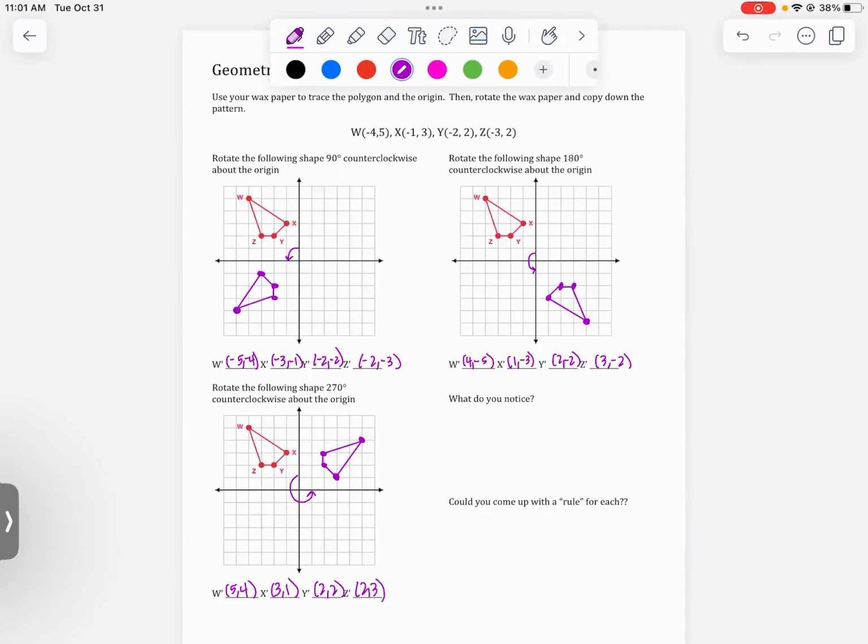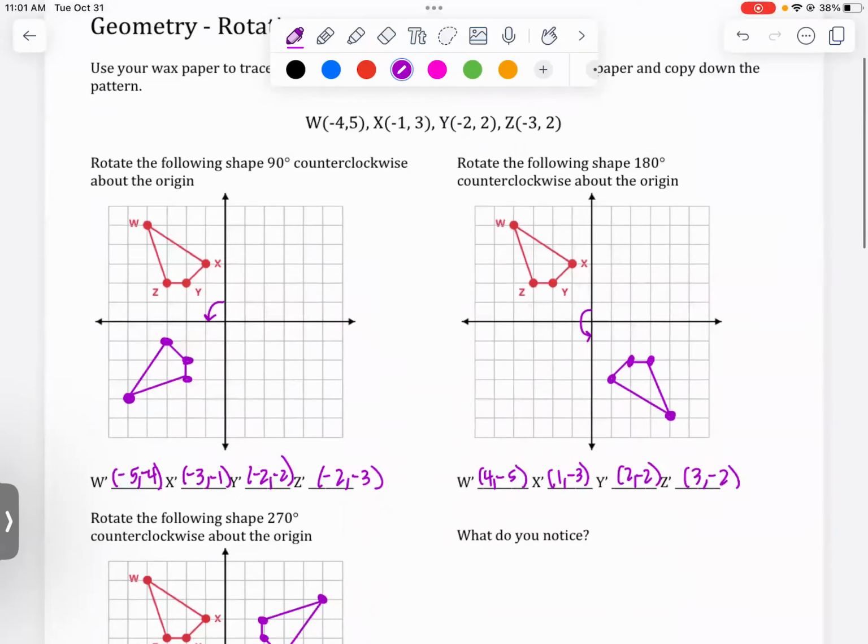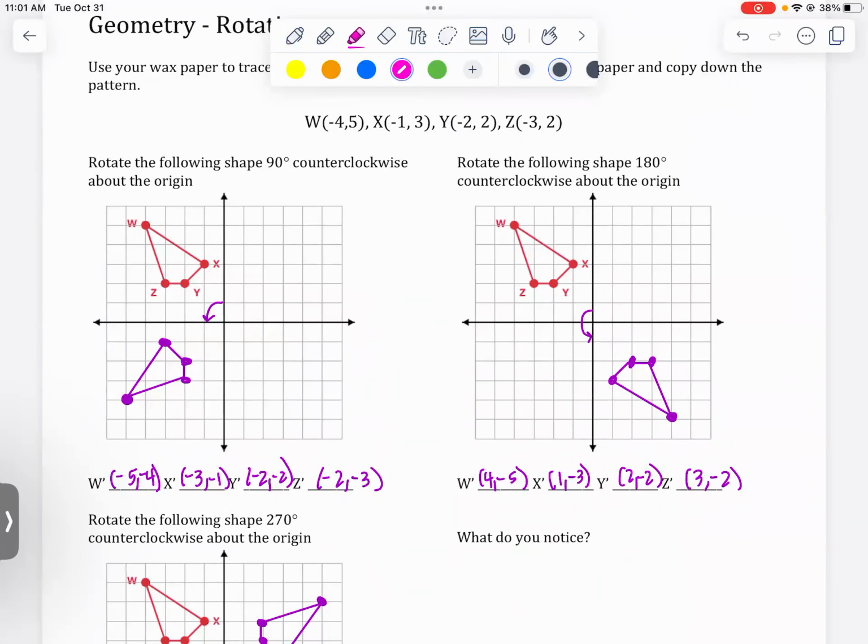Okay, so let's just talk about this 90 degree right here. Here are our 4 coordinates. How can you describe what happens with X comma Y from here to these coordinates?